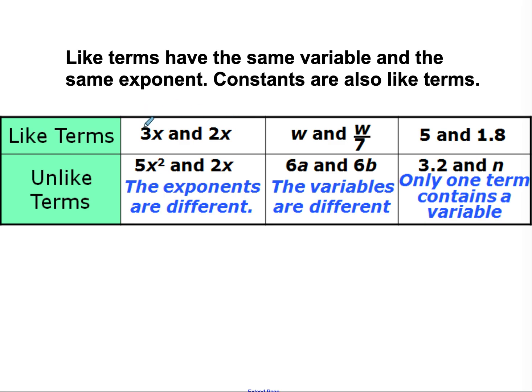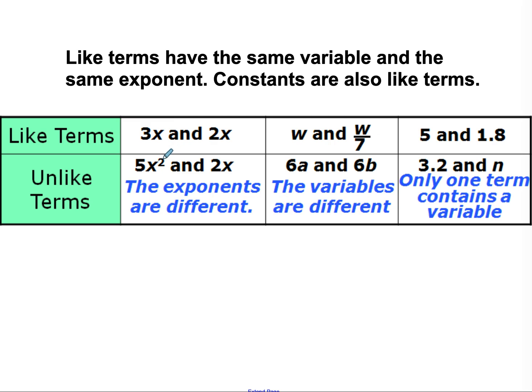The number in the front tells you how many x's you have, but it's the same thing. It's an x and an x. W and w divided by 7, those are like terms. That divided by 7 is kind of like 1/7 of something. So again, regular w's, those are like terms. And then 5 and 1 and 8/10, those are also like terms because they don't have a variable at all.